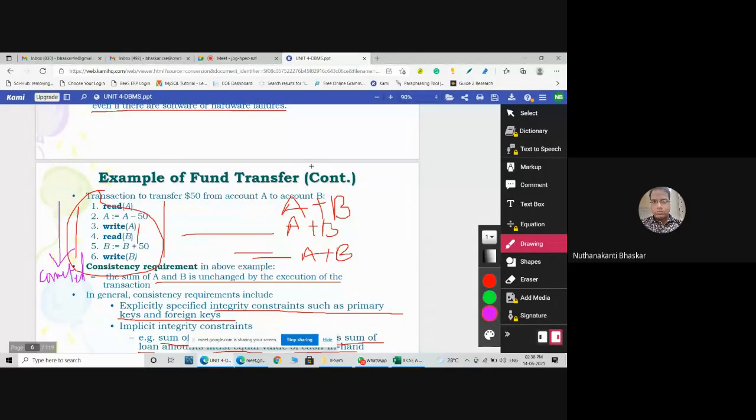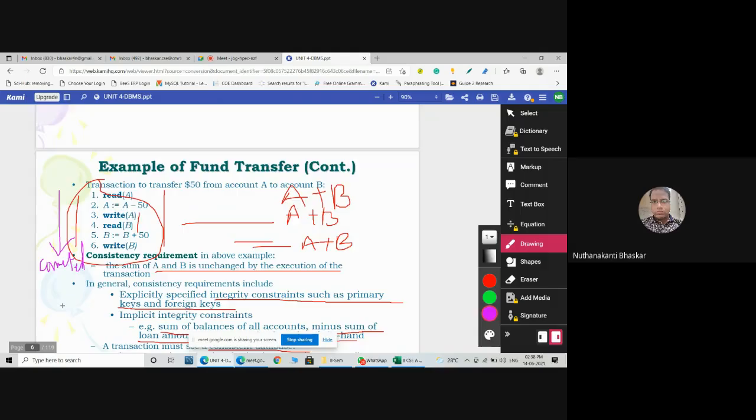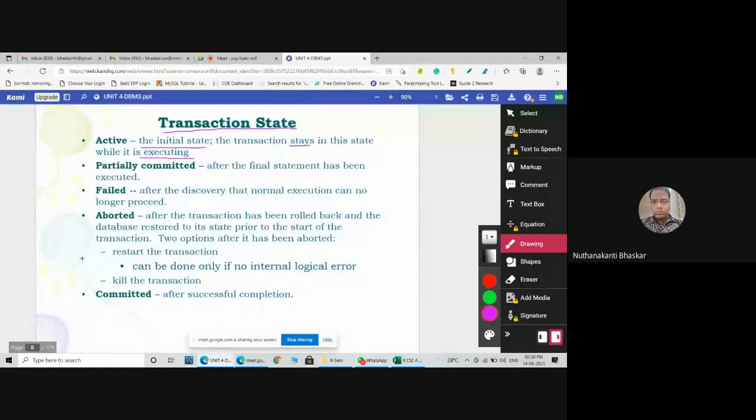You are doing something, so there is a transaction, but it is unsuccessful, meaning all actions are not performed and ACID properties are not satisfied. That is called an unsuccessful transaction. A transaction executed unsuccessfully is called abort.